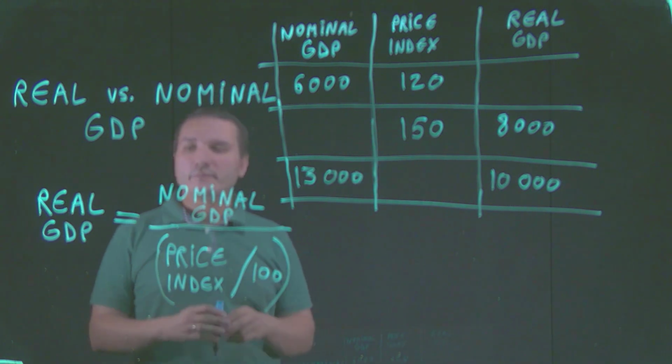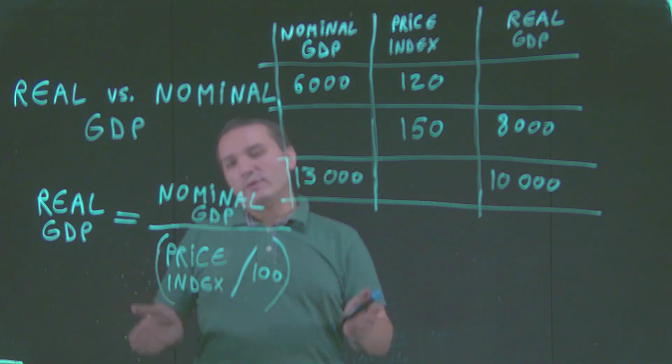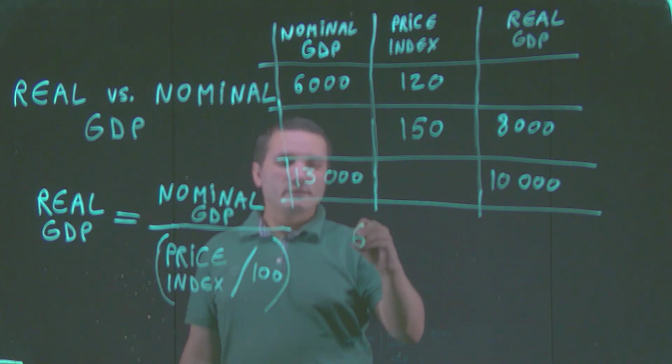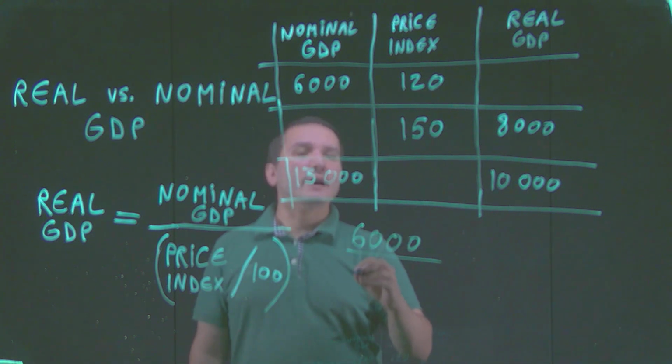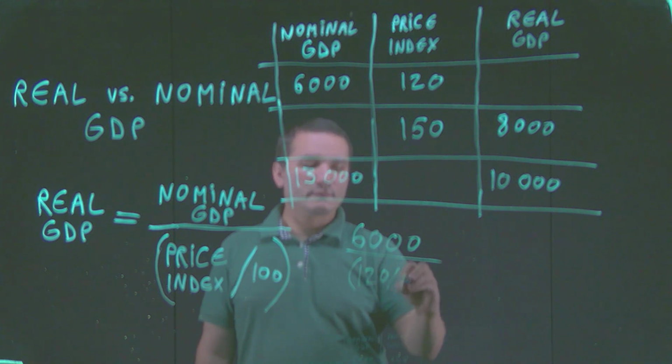Real GDP is equal to the nominal GDP divided by the price index divided by 100. So we're looking at nominal GDP, 6,000, divided by 120 divided by 100.